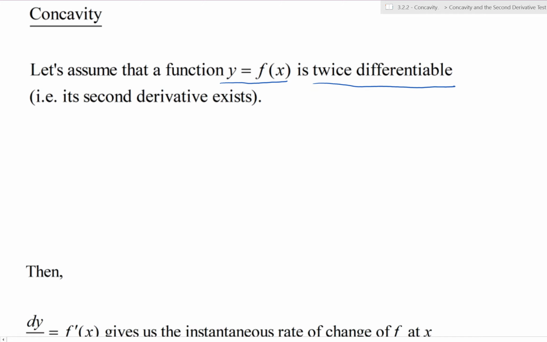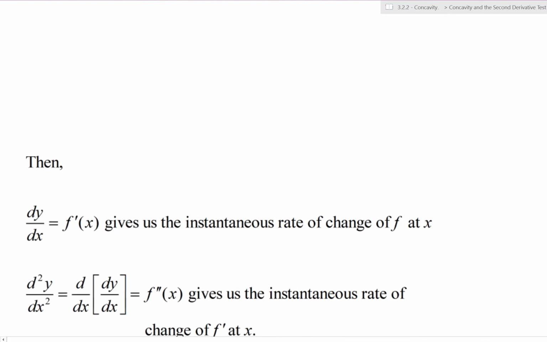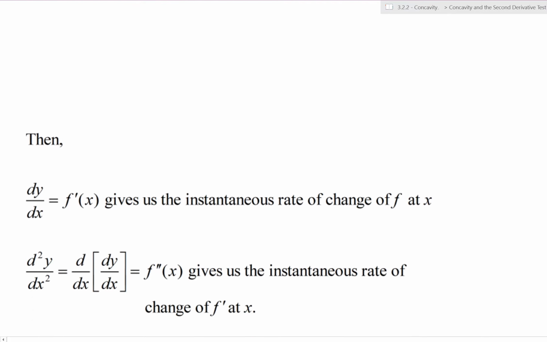Then, of course, let's refresh here. The derivative of the function, as is the main topic of a Calculus 1 discussion, dy dx is f prime of x. That is the function that gives us the instantaneous rate of change of the function at x.